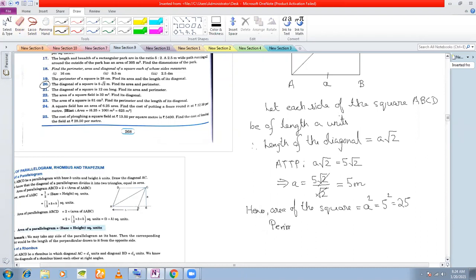According to the formula, 4a. So perimeter of the square is equal to 4a, which is 4 into 5, 20 meters. And the area unit is meter square. So that's it. Area of the square is 25 meters square and the perimeter of the square is 20 meters. That's a very easy problem.